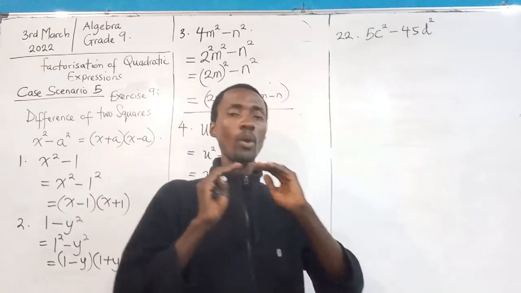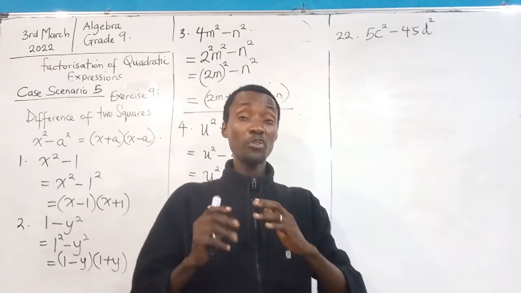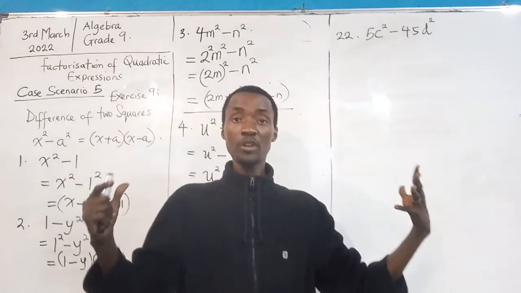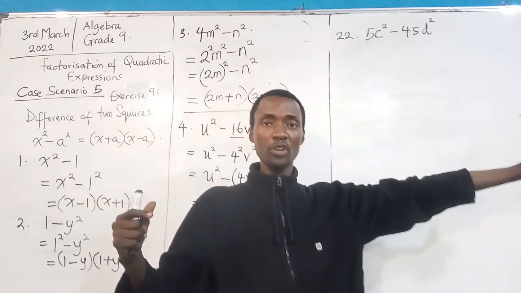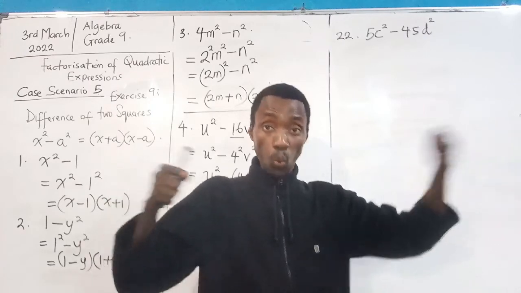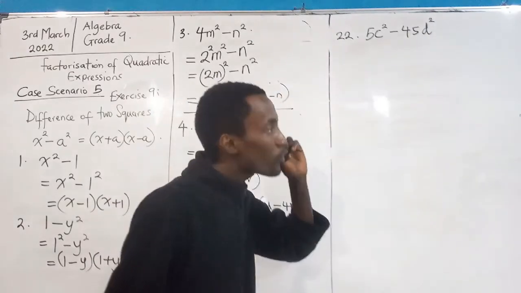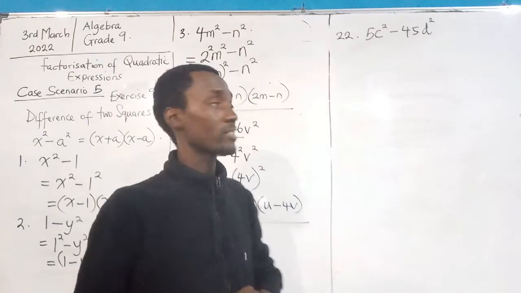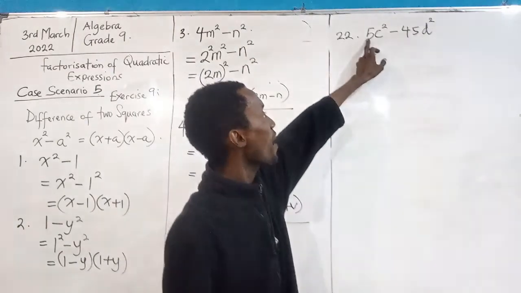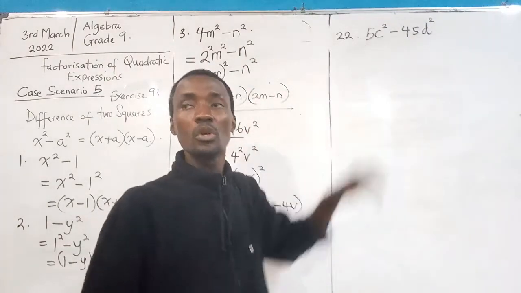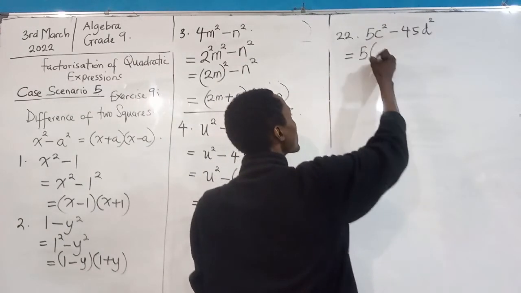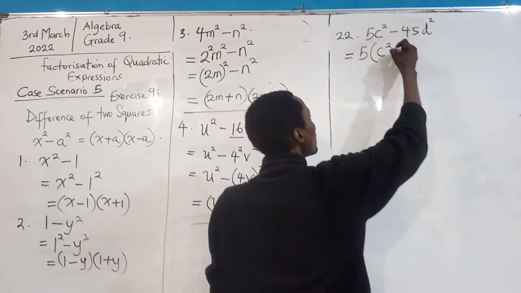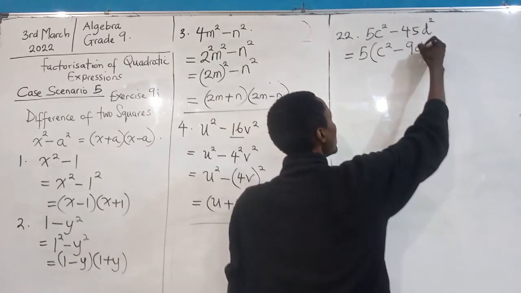Remember that when we give you a question, more often than not, we try to test previous knowledge to see how well you're able to pull from previous learning experience to what you're learning now. If you remember your concept of factorization, you discover that 5 is a common factor to these two. So to solve this, you need to factor 5 out first. And you're left with c squared minus 9d squared.